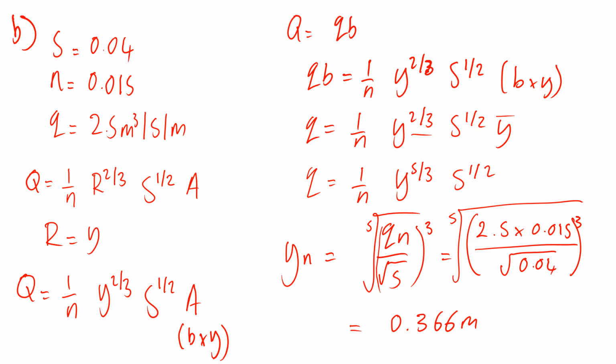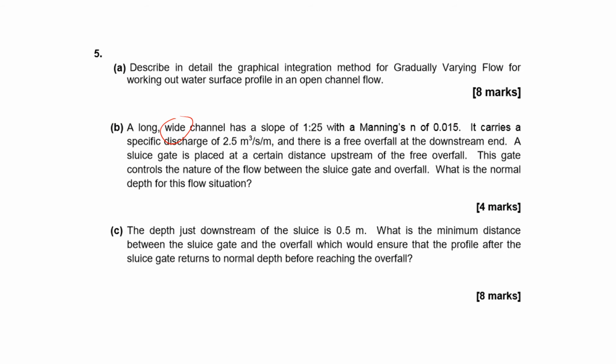So part B would give you 4 marks for initially writing down the Manning's equation, manipulating it to work out an equation for yn, and then subbing in the values and working out what yn actually is.